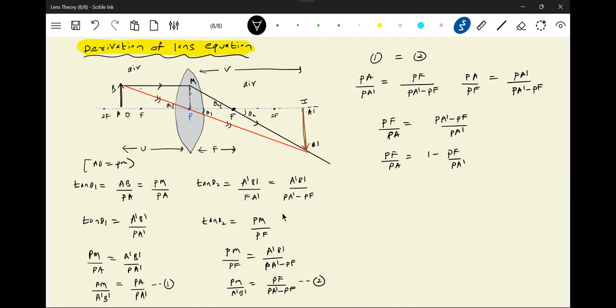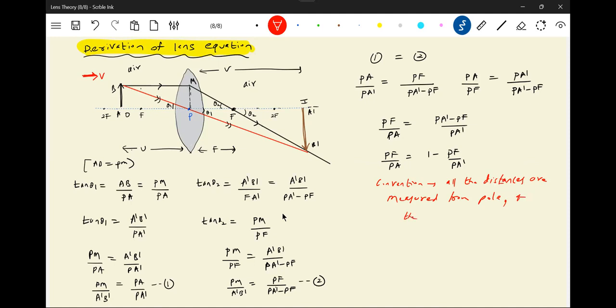What is the direction of the incident ray? Towards the right, no? All the distances are measured from the pole.